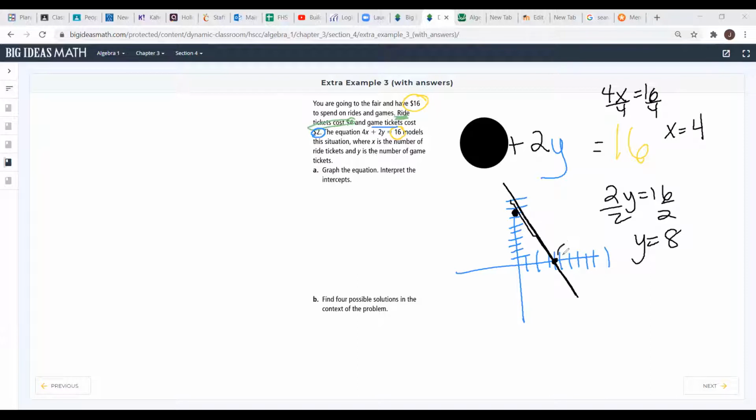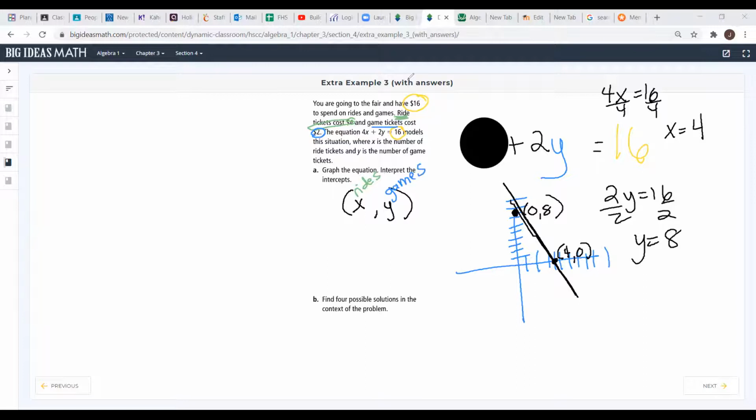So let's write down what the intercept is here. This was 4, 0, and this was 0, 8. Let's stop for a second and write this down. What did x represent? Well, x represents rides. And what did y represent? Well, y represented games.